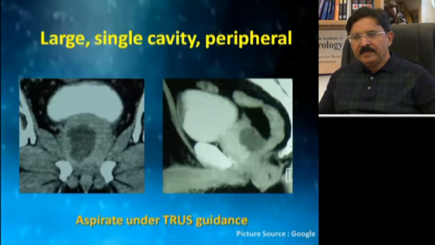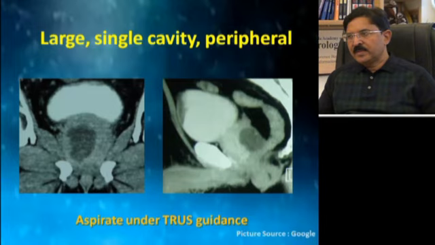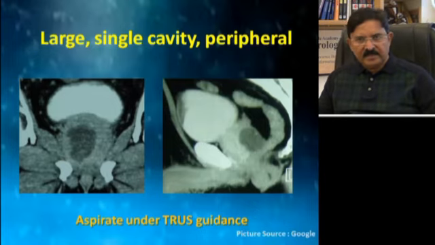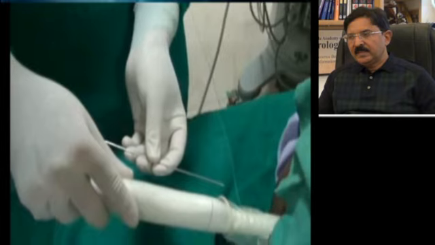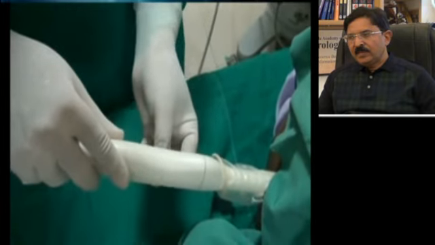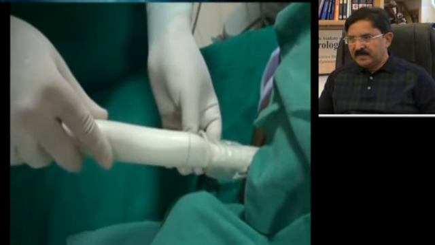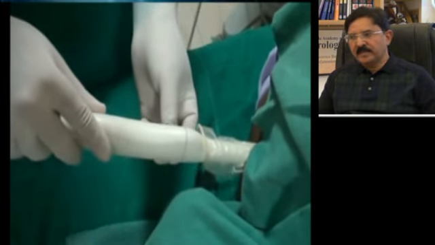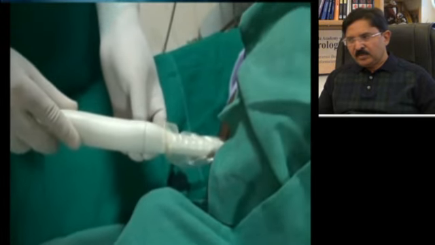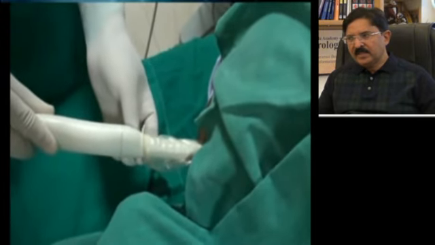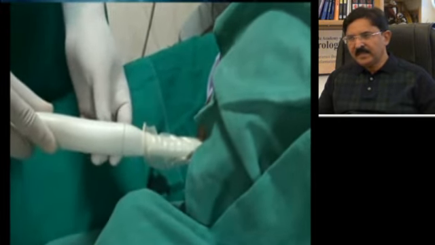But if you have a large single cavity which is peripheral in location, such as the one shown here, you can do a transrectal ultrasound guided aspiration of this cavity and that will be fine. For drainage of this abscess cavity, you put the probe in the rectum and through the needle carrier you advance this needle into the abscess cavity.